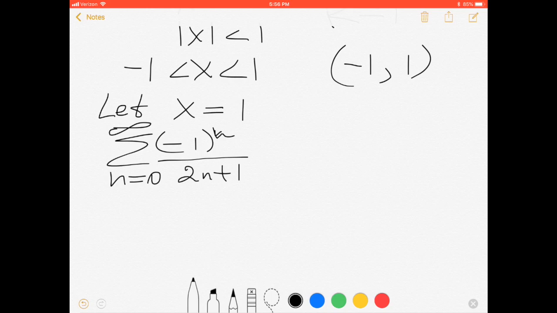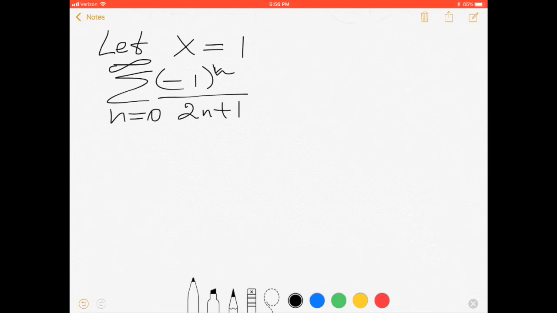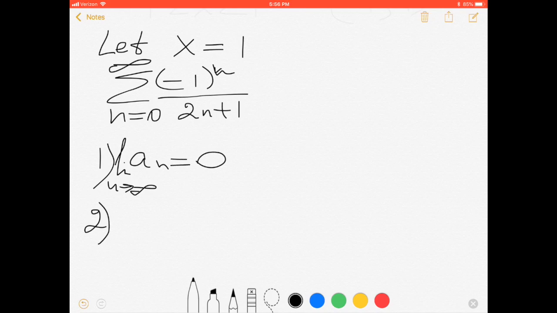I have an alternating series, and to check convergence of an alternating series, we have a theorem. We have two criteria. First, the limit of a_n as n approaches infinity needs to be equal to 0, and second, the next term needs to be less than or equal to the term before.